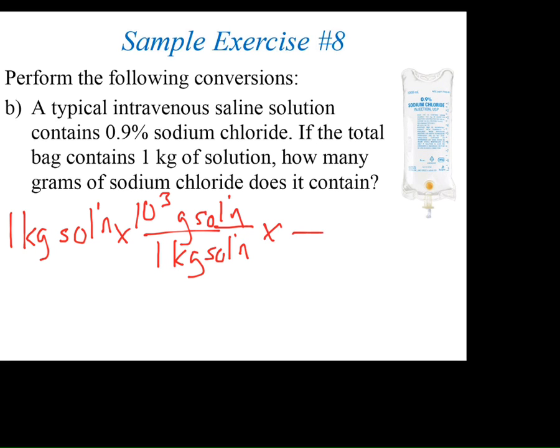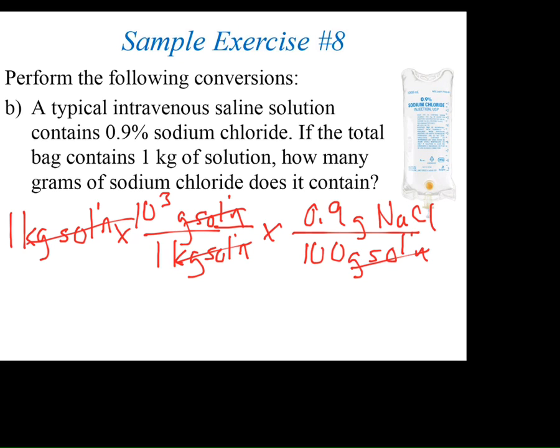And now I could use the percentage to say, for every 100 grams of solution, there's 0.9 grams of sodium chloride. And you'll get the exact same answer. You could have done it either way. And you'll still get 9 grams of sodium chloride. With me? Maybe? Barely. Okay.